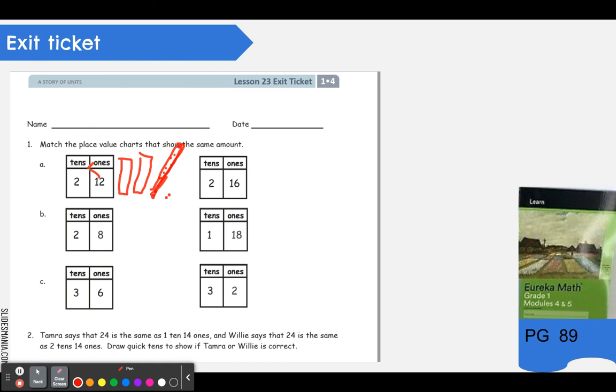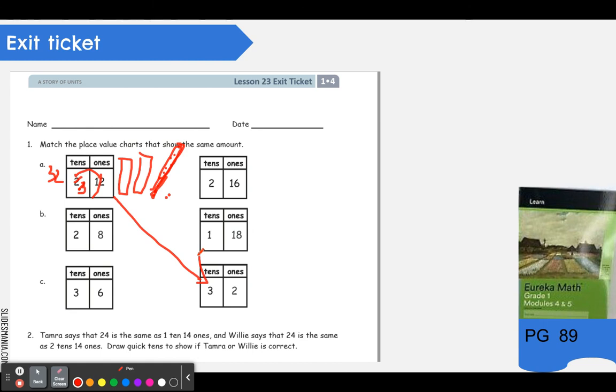So this one comes to the tens place. So this is now the 3 tens. And then how many ones are you left with? 1, 2. There it is. 32. That's the answer. And then you have to find those answers on this side to match the number or the value.